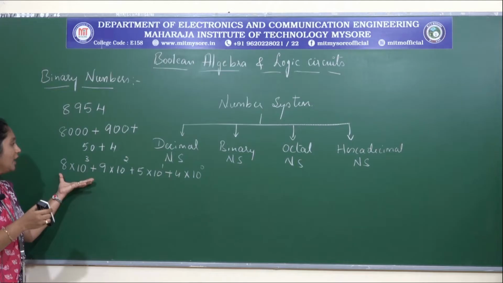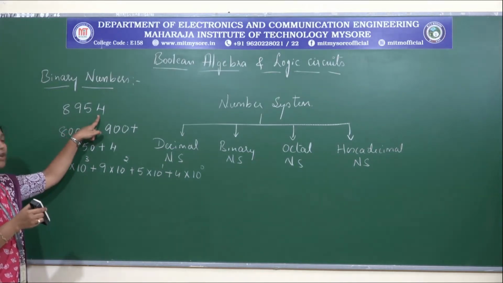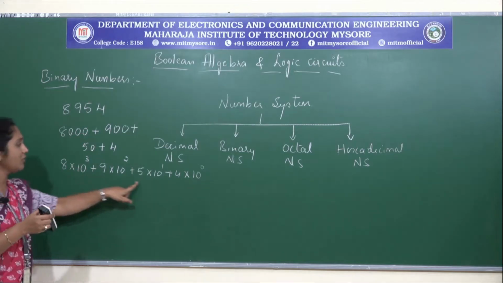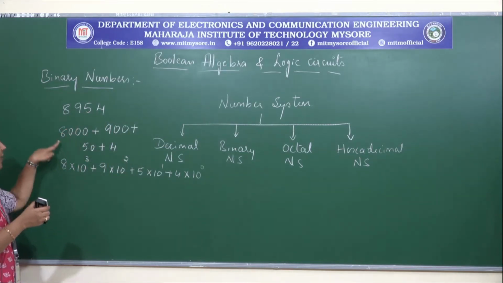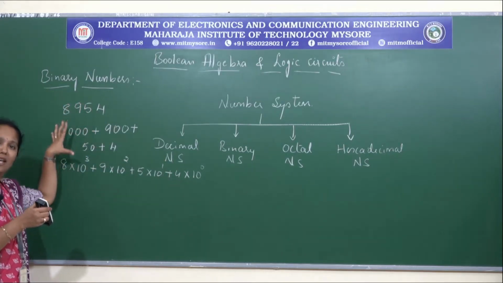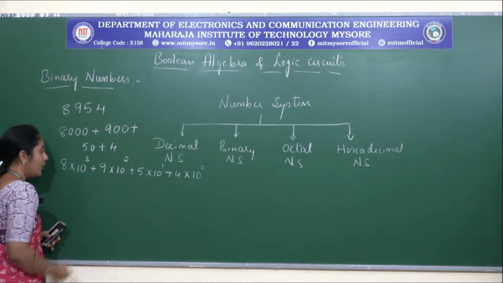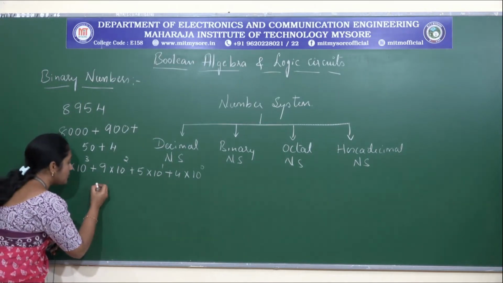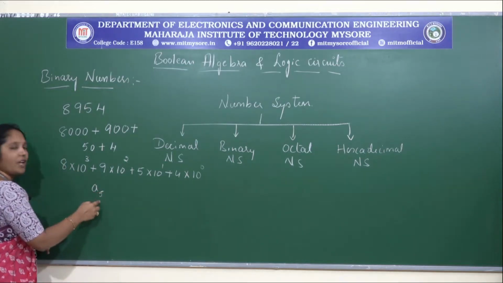If you observe carefully, we have some coefficients here. We are not using the powers of 10 to represent the number in compact form. Instead, we are using only the coefficients to write or represent any number. So in general, we can represent the number in terms of coefficients. Let me start from A5.